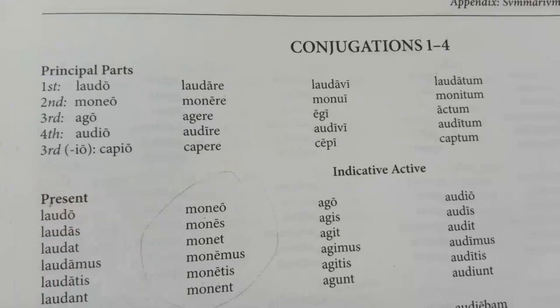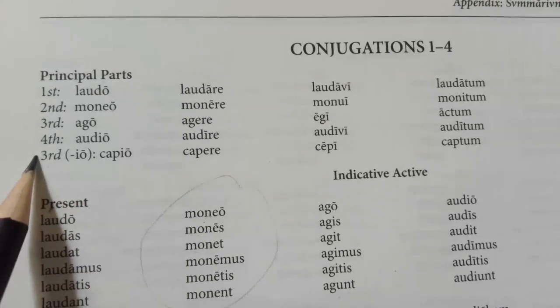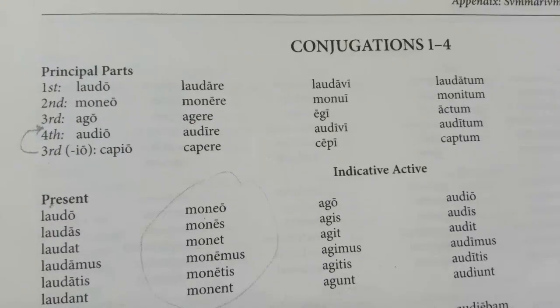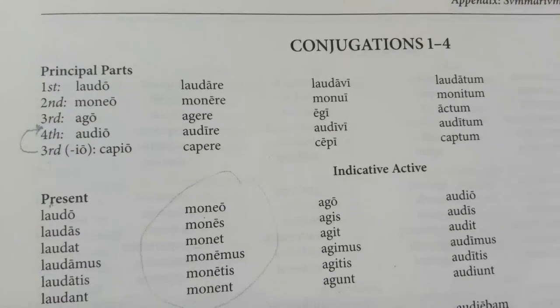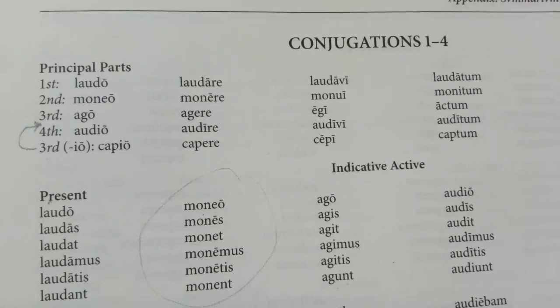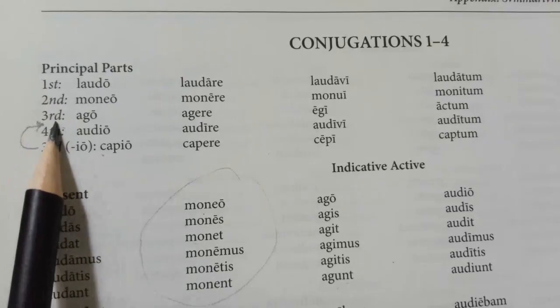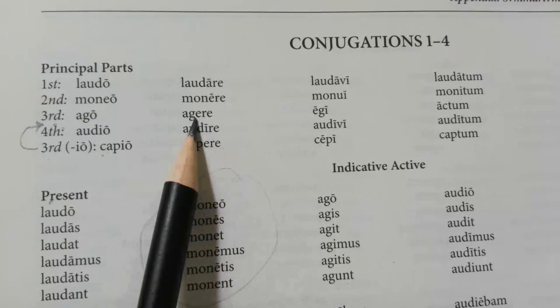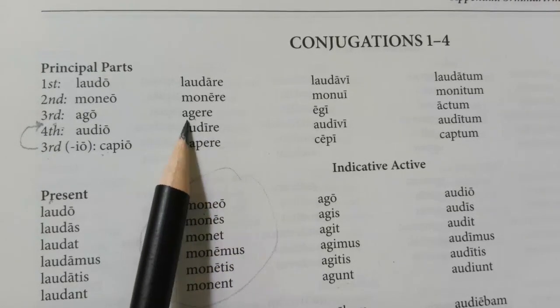I don't know why they didn't do this, but if I were to write this grammar, I would have put it right there. That being said, Mr. Wheelock is far above me in his skills in Latin, so I make that correction with all due respect. But I would put the third io capio there, right after the third conjugation proper, because capio, capere, agere, they're in the same family, right?